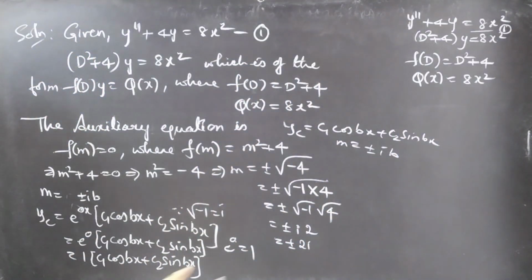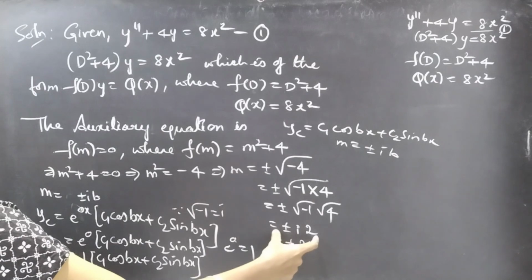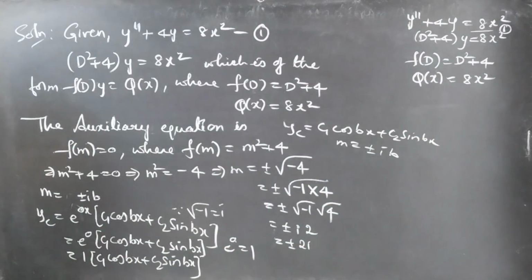Now compare plus or minus 2i with plus or minus ib, then for b equal to 2, we'll get the complementary function to our problem.